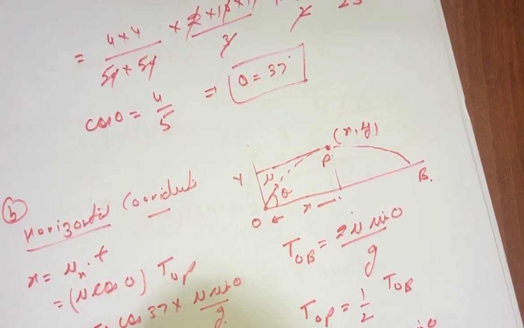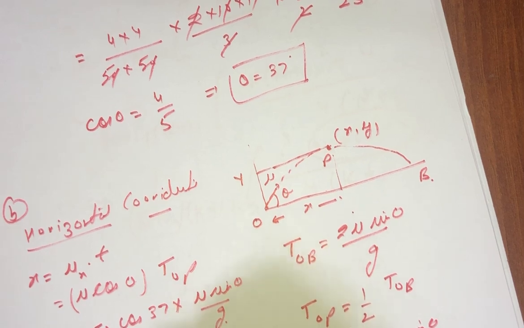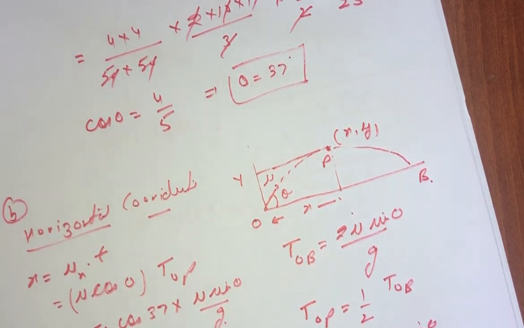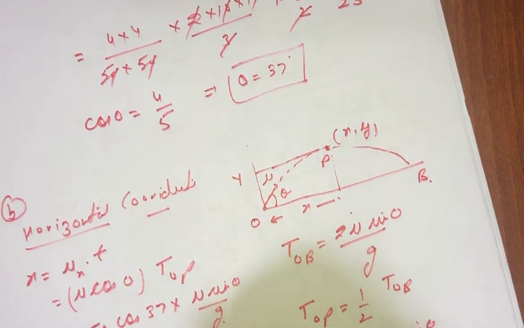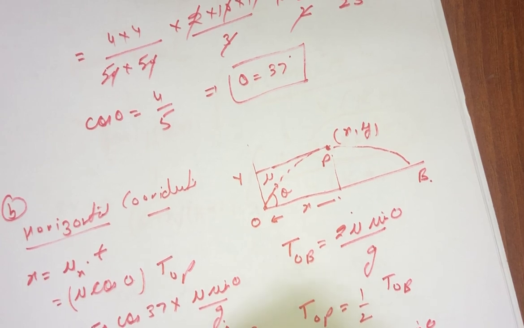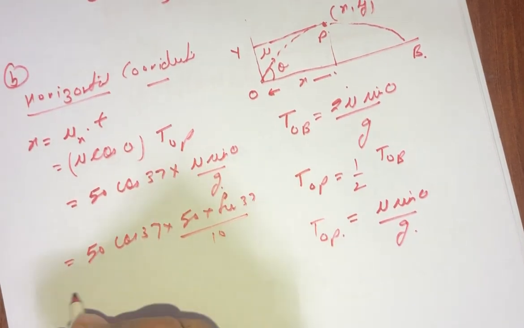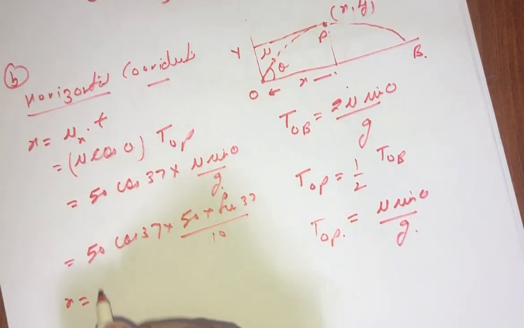We get 50 cos 37 into 50 sine 37 divided by 10. So we get x as 120 meter.